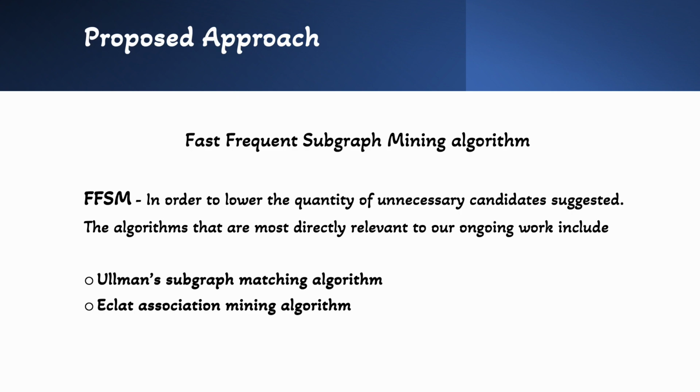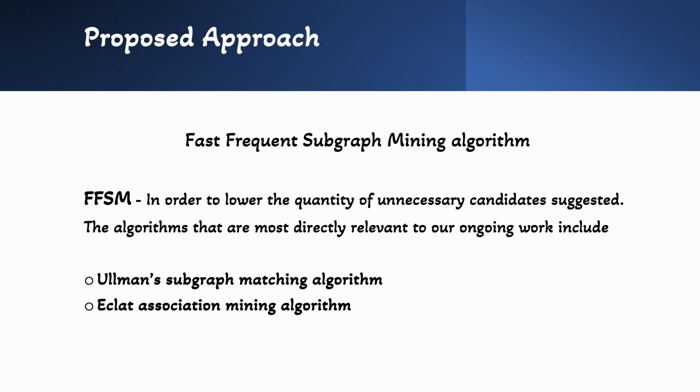For the problem mentioned before, an algorithm named FFSM, fast frequent subgraph mining, has been introduced to lower the amount of redundant candidates suggested. It makes use of a vertical search technique inside an algebraic graph framework we have created.